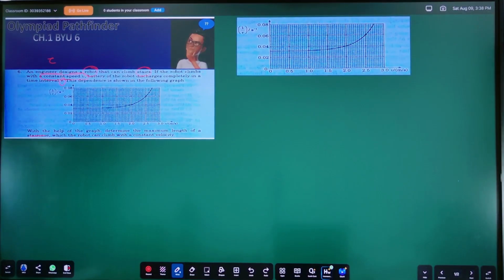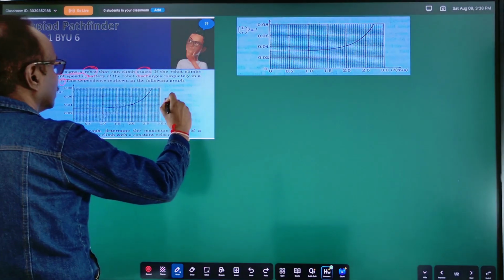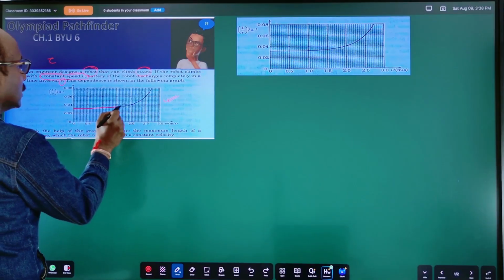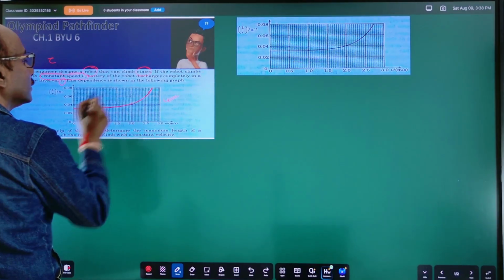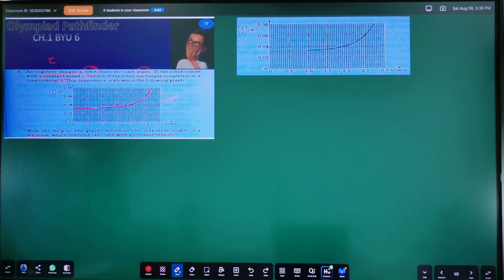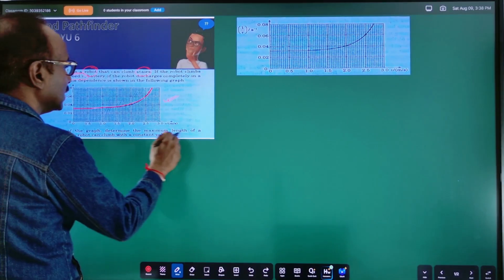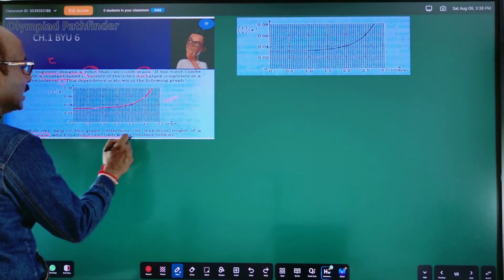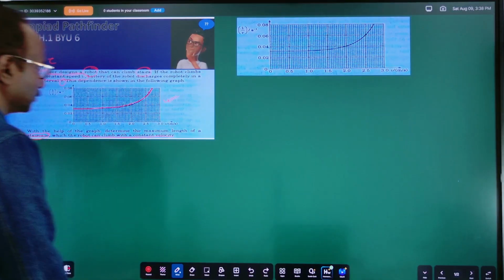And this dependence has been drawn on the graph. So this is the graph. With the help of the graph, determine the maximum length of the staircase which the robot can climb with a constant velocity.